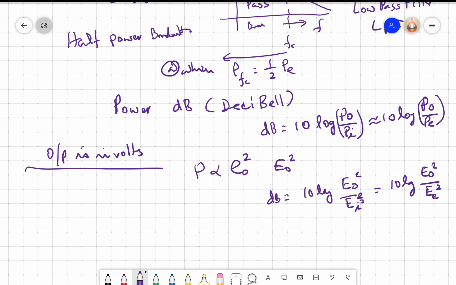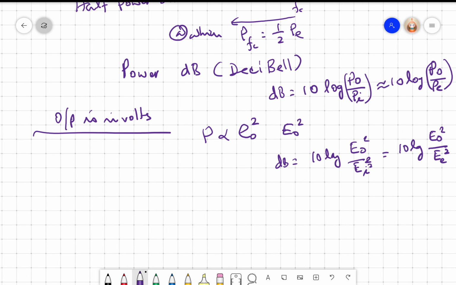That is 10 log E naught by E expected whole square, and log of A square is 2 log A, so 20 log E naught by E expected.